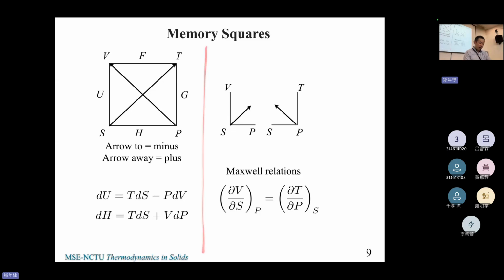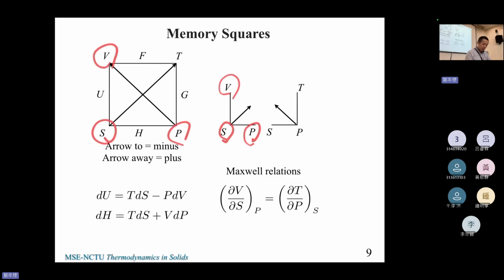Furthermore, you can have the corner, okay? The corner is this one, that one, that one: S V P. So it has a Maxwell relationship.